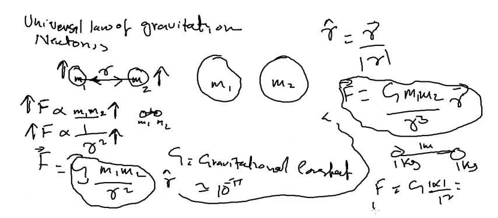This gives us a force equal to G. So G, as we said, is in the order of approximately 10 to the power minus 11. So our force will be a very small amount of force between the two masses of 1 kg. These two masses of 1 kg will attract with a very small force. It is almost negligible.